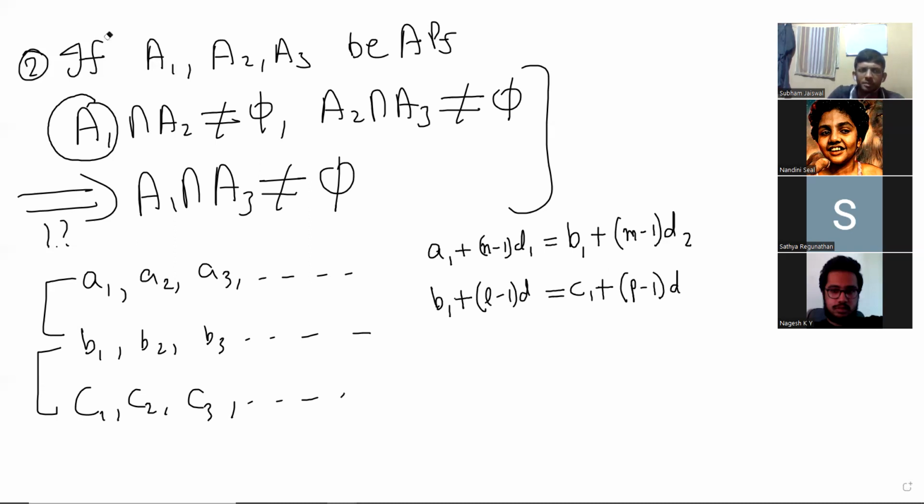It will be D2, and this will be D3. Does this imply that the first and third should have something in common? So this is like a number x, and this is like some number y.